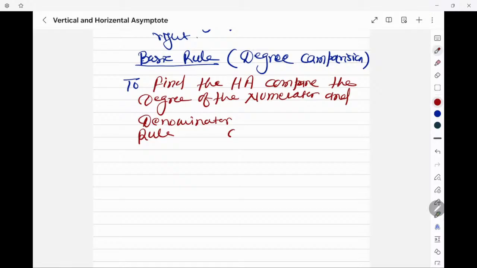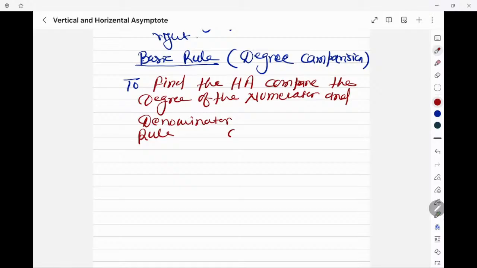I have divided this into three parts. Rule 1 says, if the condition is that the degree of the numerator is less than the degree of the denominator, then the horizontal asymptote is y equals 0.